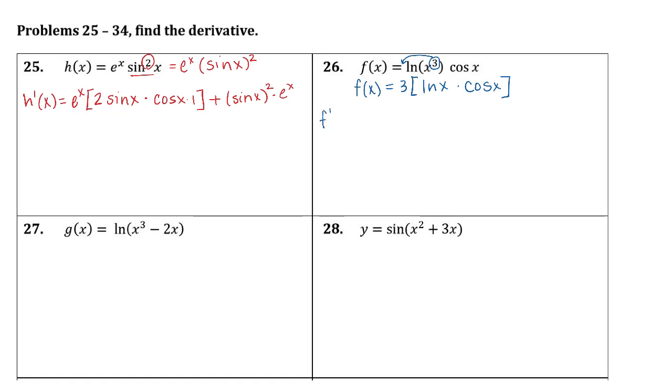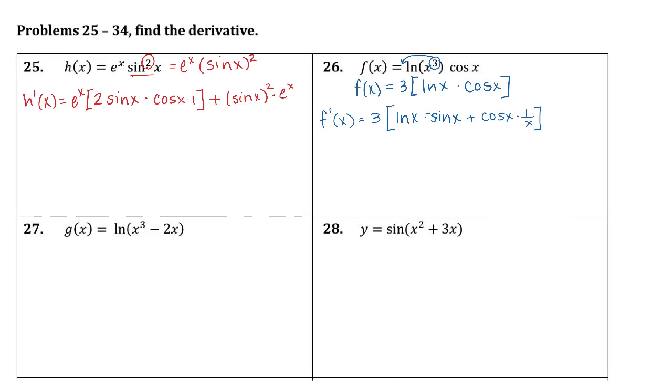So we're going to have f prime at x equals 3 times, and now we're going to do our product rule. So we have the first times the derivative of the second, which is going to be negative sine x, times the derivative of x, which is 1, plus the second times the derivative of the first. And we're going to leave it just like that. All right, so moving on.